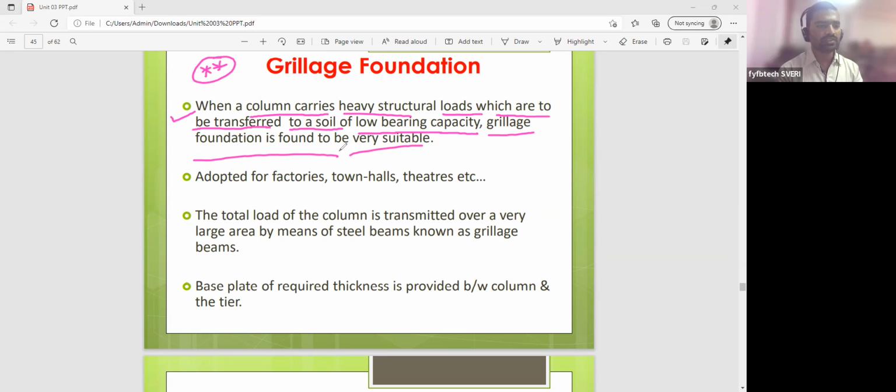Where is it adopted? Adopted for factories, town halls, theatres, etc.